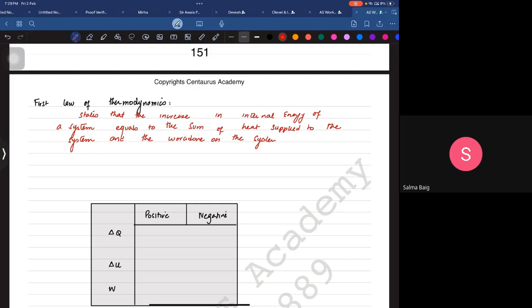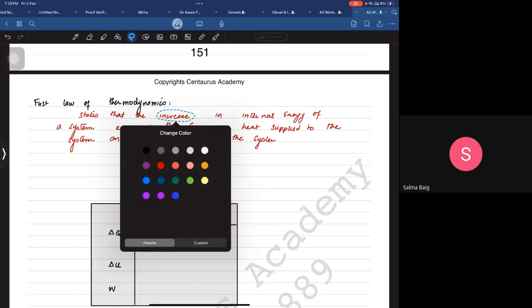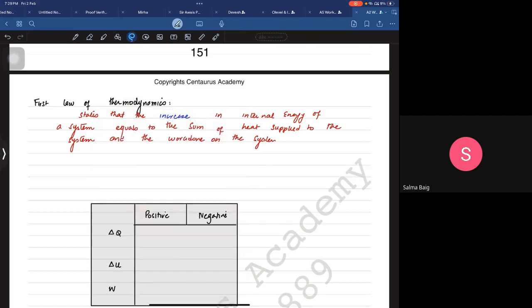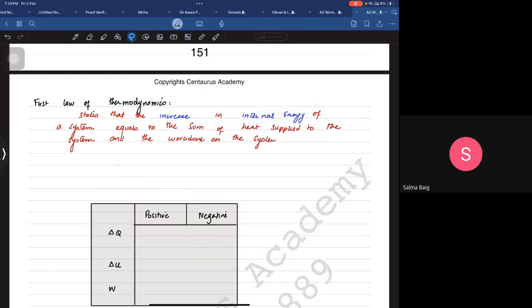Okay, so I'm going to color a few things here. I'm just going to color the keywords. Color blue: increase in internal energy. This is also a keyword. Of a system equals the sum of heat supplied to.